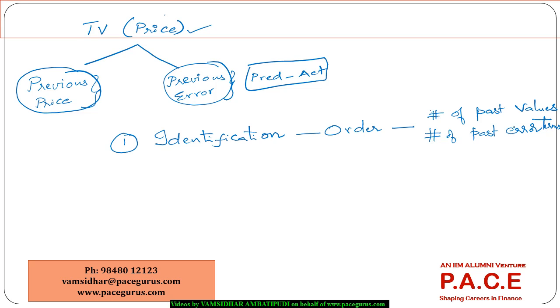This is the model identification process. The number of past values has to do with the auto-regression term, the AR term, and the number of past error terms has to do with the moving average, the MA part. So I have to identify the order of the model. That is my first step in any ARIMA modeling.